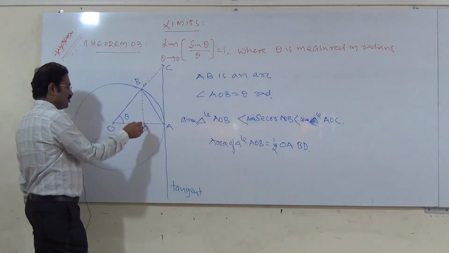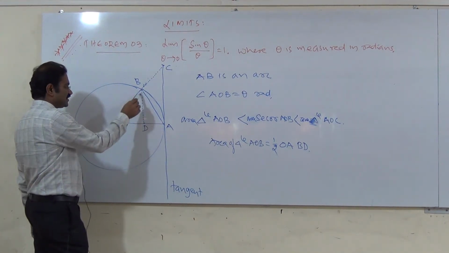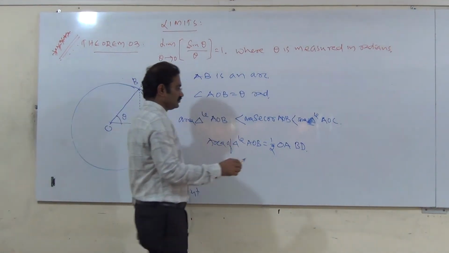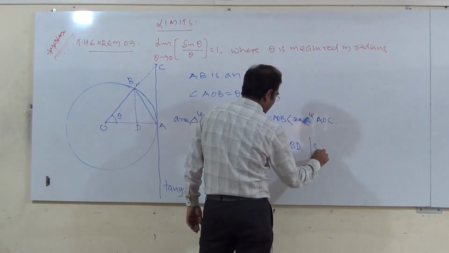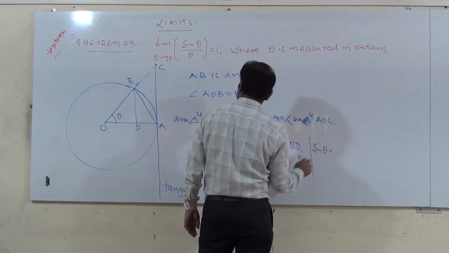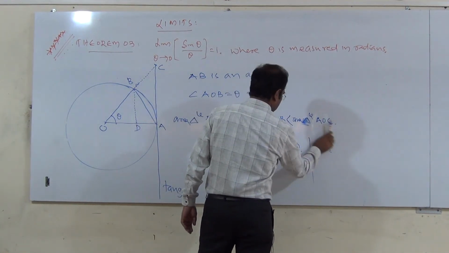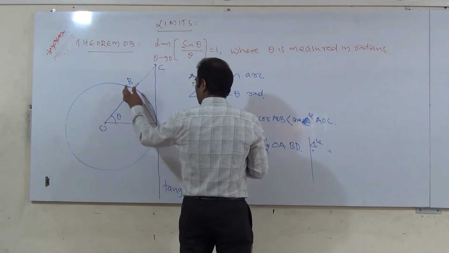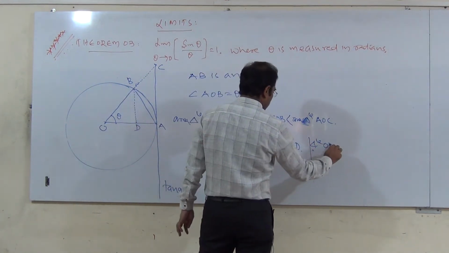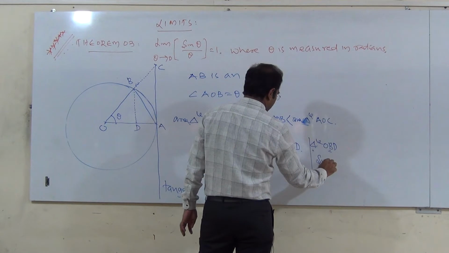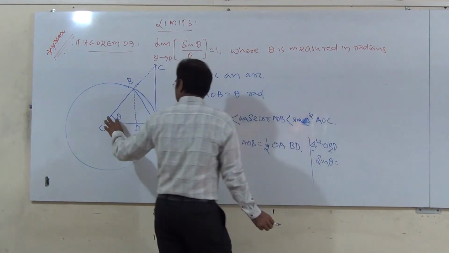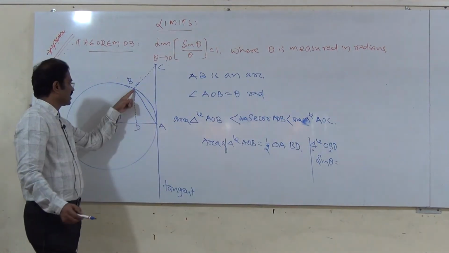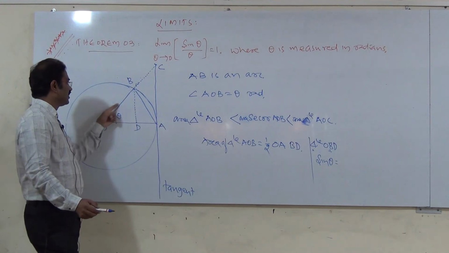To find the value of BD, in the triangle OBD I define sin theta. Sin theta is equal to opposite side divided by hypotenuse.